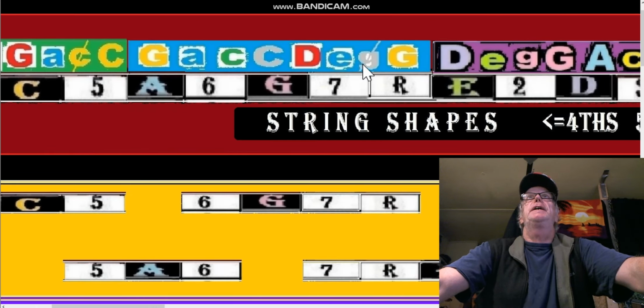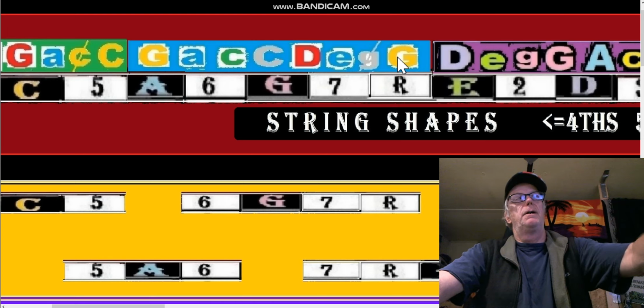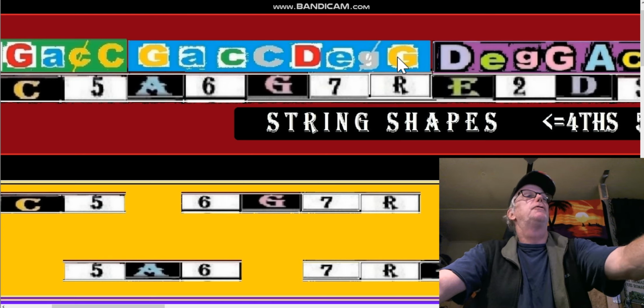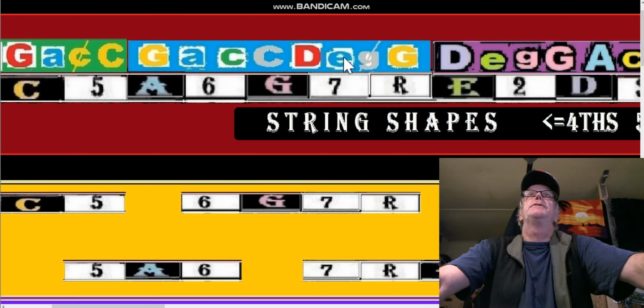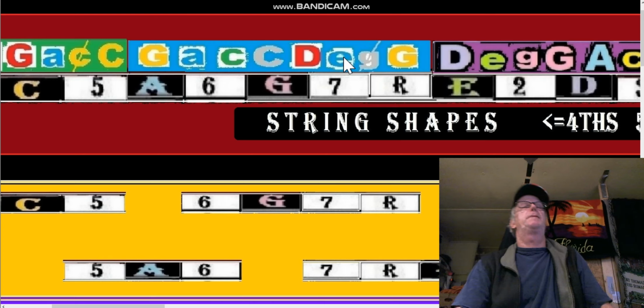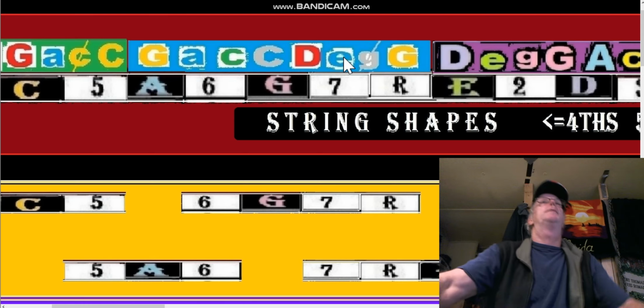If we go to the G cage, root 3 6 will give us the relative minor of that G. Now we're using that G as a cage, as a pentatonic scale. And a pentatonic scale contains the major triad and the first inversion minor triad. So that would be E minor shaped in the G box, but we substitute the G shape in at that point, and we get the E minor there. That's what I'm talking about.